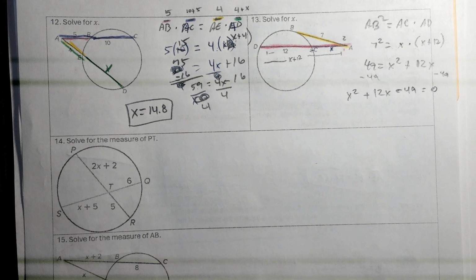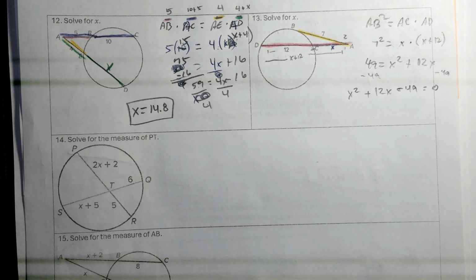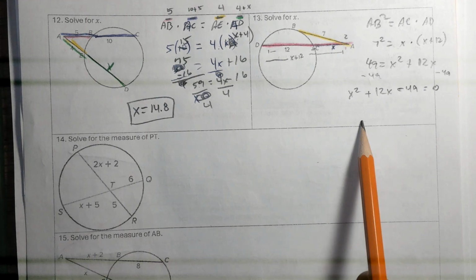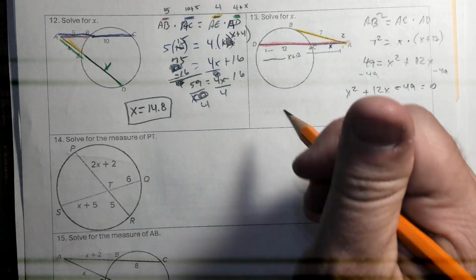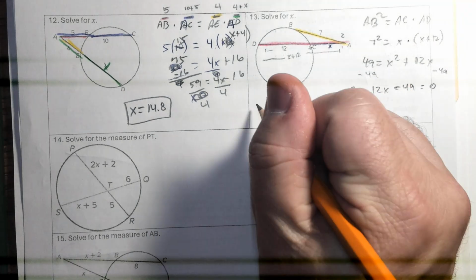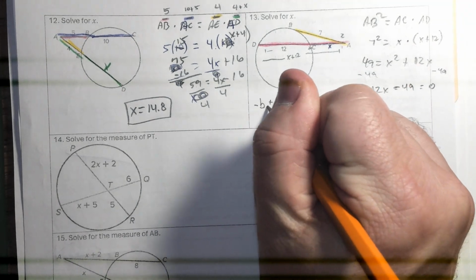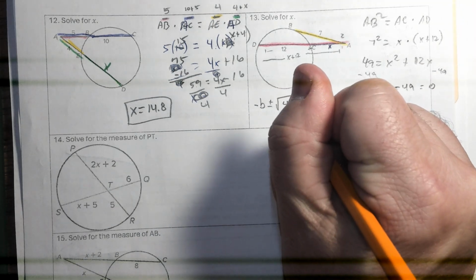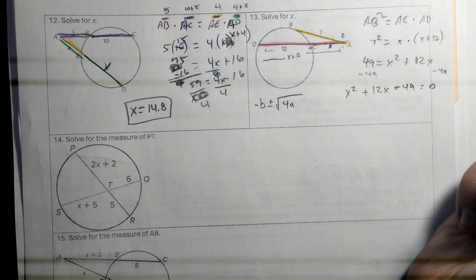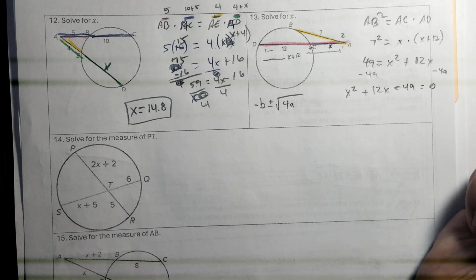And some of you guys, this is going to be digging way back, so we're going to put this into the quadratic equation, and then that's how we're going to solve it. So the quadratic equation is negative b plus or minus the square root of 4 times a, where's it at? Oh, God, I had this thing memorized forever.